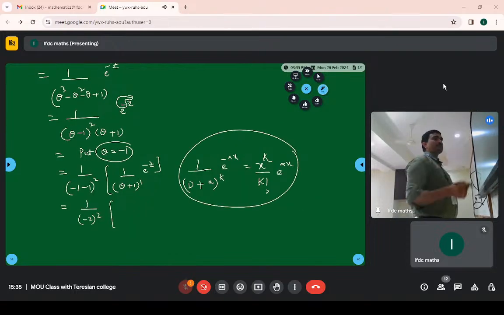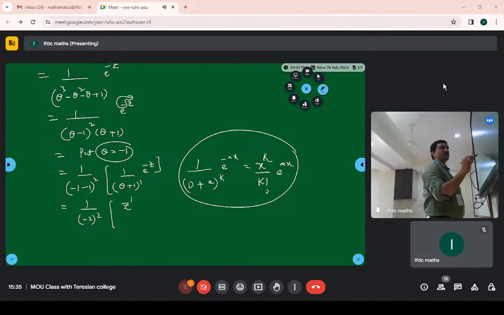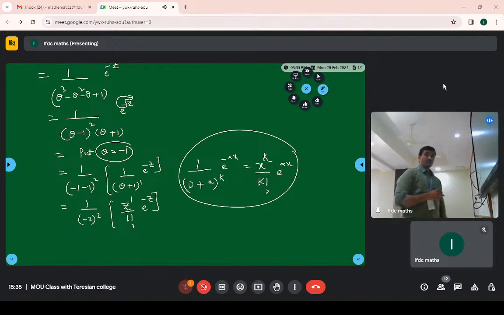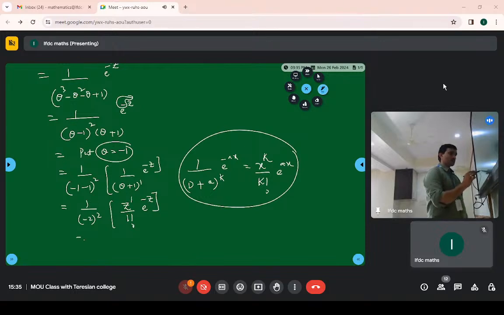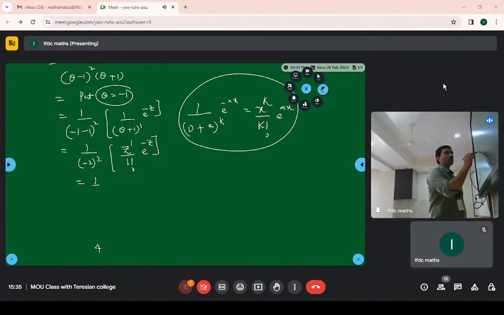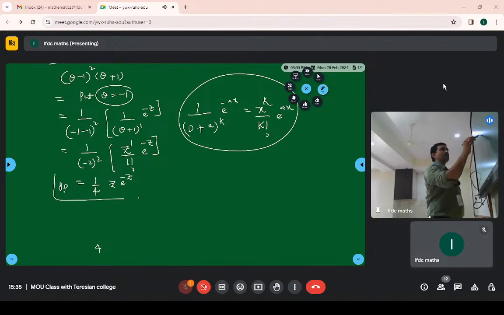So now theta plus 1 is there, we can substitute. X is nothing but z in terms of z, z power k by 1 factorial, e power z. 1 by minus 2 whole square, the answer is 1 by 4 into z into e power minus z. This is the YP answer in terms of z.